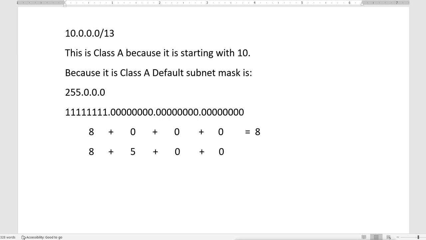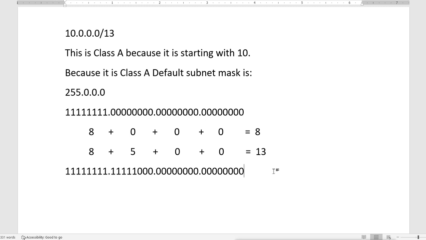So 1 2 3 4 5 6 7 8 dot, then 5 bits enabled here continuously: 1 2 3 4 5, and then 6 7 8 are 0. All these remaining bits are also 0: 1 2 3 4 5 6 7 8 dot 1 2 3 4 5 6 7 8. This is what /13 means: these 5 extra bits are enabled.